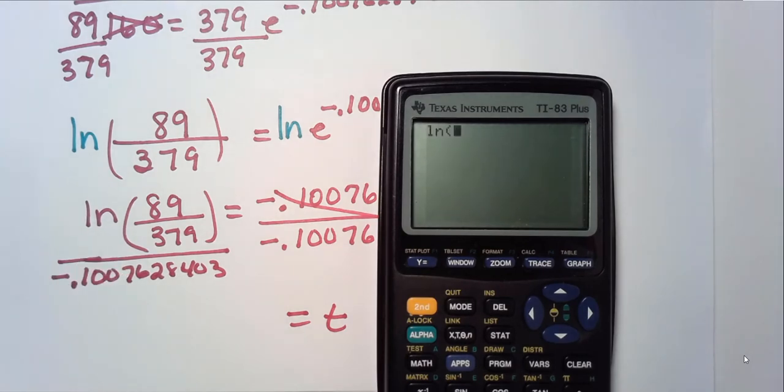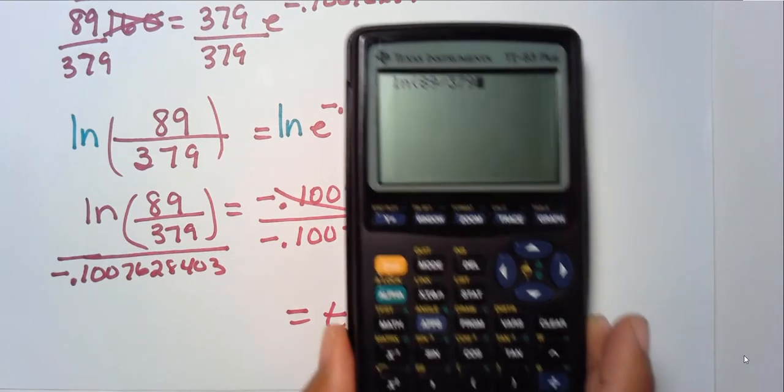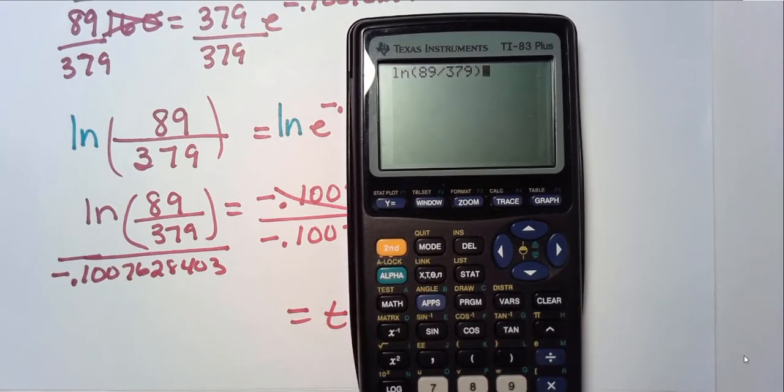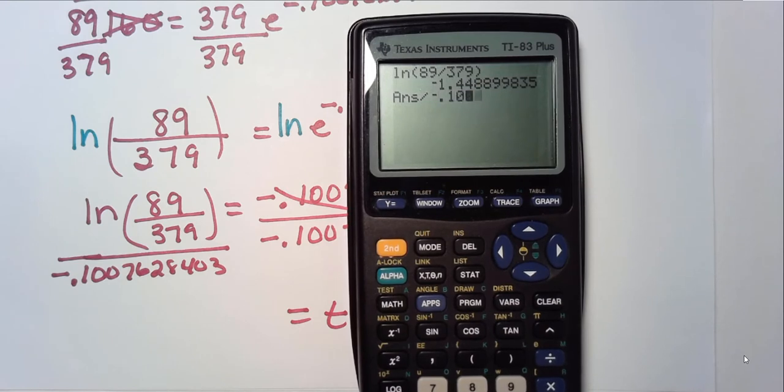All right, ln of 89 divided by 379. Press enter. Then divide that by, I'm going to have to say it, negative 0.1007628403. And then enter.